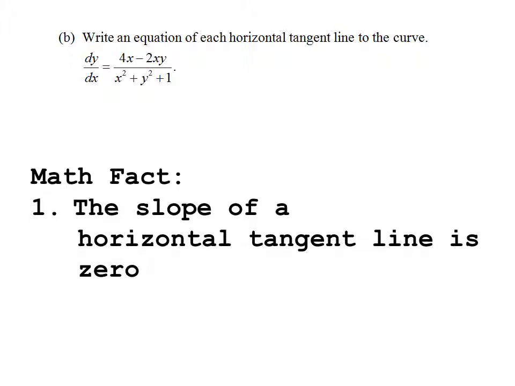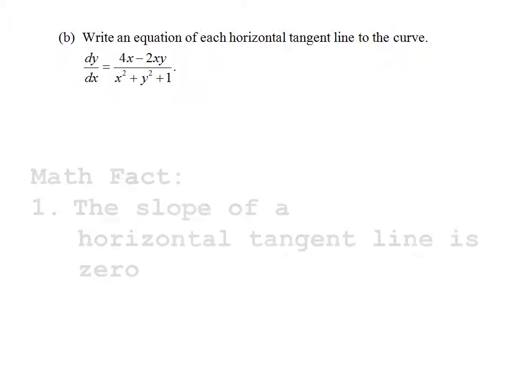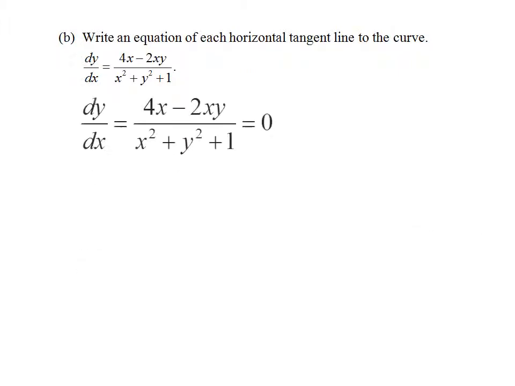The math fact that we need to keep in mind is that the slope of a horizontal tangent line is 0. Now, we were given the derivative, or the slope of the tangent line, in the beginning of the problem, so all we need to do here is set that equal to 0 and see what happens.